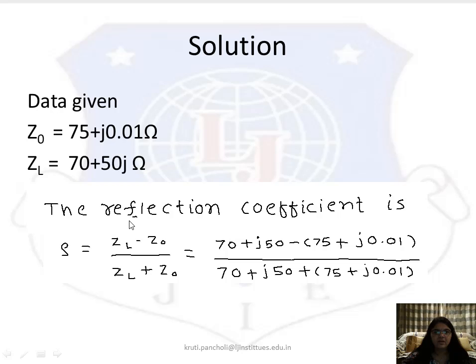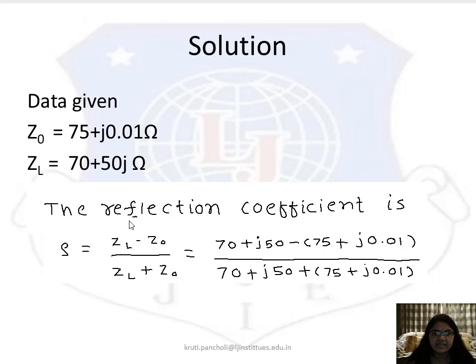The data given to us is Z0 equal to 75 plus j0.01 ohm, and ZL is equal to 70 plus j50 ohm. What is the reflection coefficient? It is in terms of ZL and Z0. It is ZL minus Z0 upon ZL plus Z0.